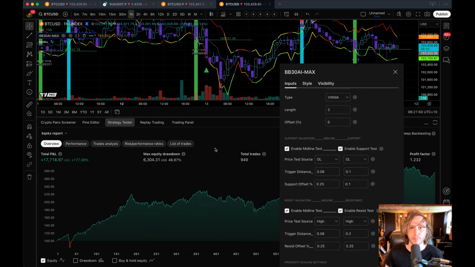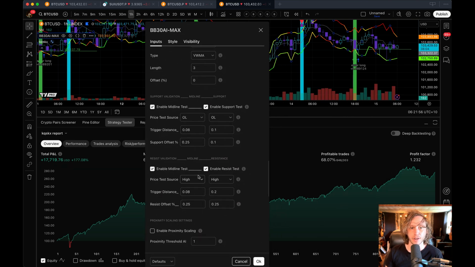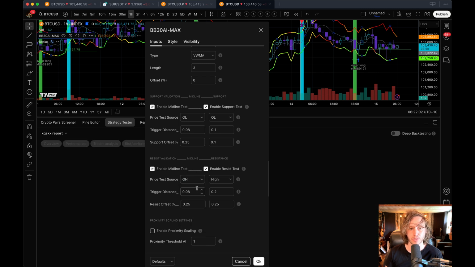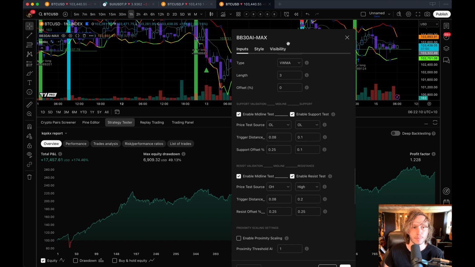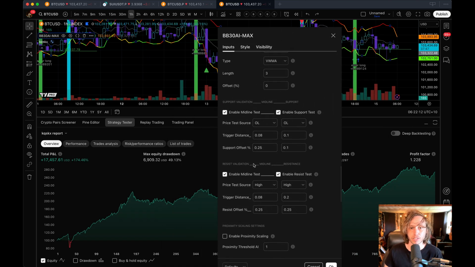Your drawdown went up because there are some more losing trades in there. Maybe you could put this at open high instead of high, or I don't know. I haven't really messed with this for the resistance on a 1 hour a lot, so I don't know what settings would be better or worse. Again, it's just something to optimize a little better. Looks like that made it worse.